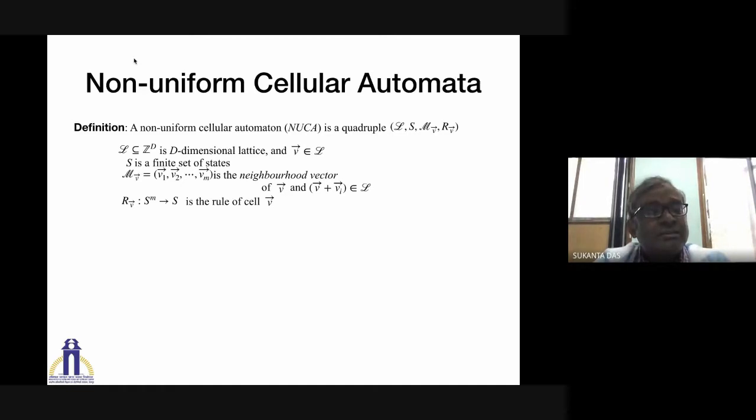Let us start with a generalized definition of this kind of cellular automata, non-uniform or hybrid cellular automata. There is a chance of confusion: while we are talking about non-uniformity, asynchronism is one kind of non-uniformity, and automata network is also another kind.